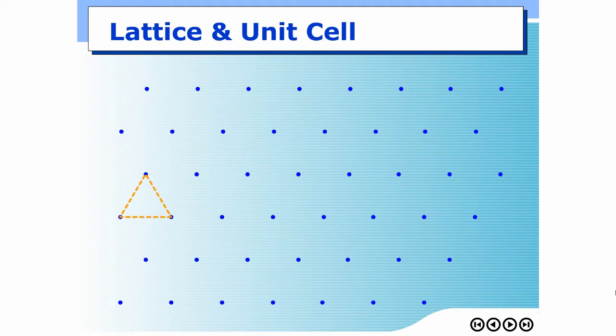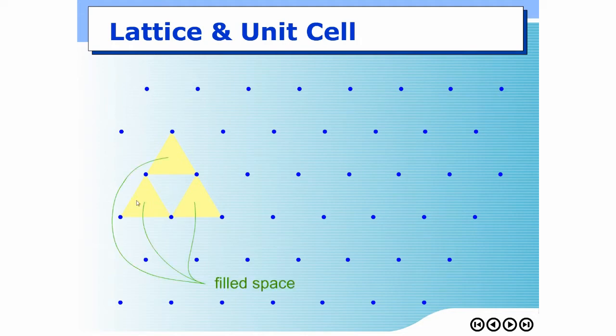If you move this triangle around, traversing from left to right, from top to bottom like this, you see that the triangle does not cover the whole space in this picture. So you will still have uncovered area over here. That means the triangle cannot be considered as the lattice because it does not cover the whole area of the space.